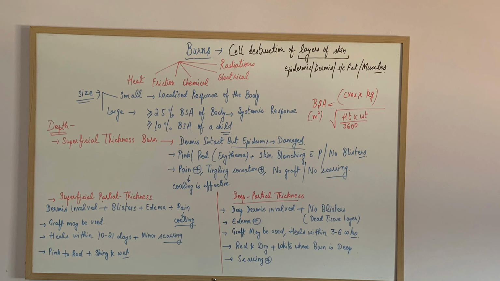Firstly, the superficial layer of the skin, that is the epidermis, and below the epidermis there is the dermis, and after that there is subcutaneous fat, and after fat there are muscles or tendons, and after the muscles these are then associated with the bones. So those are the different layers of skin, and any destruction to these layers is called burns.